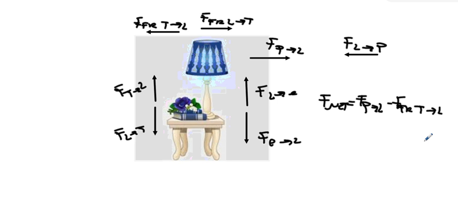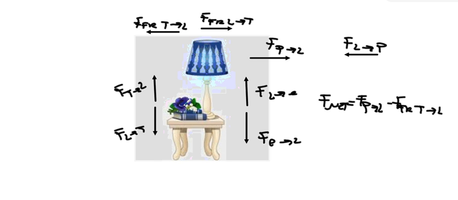And that's considering all of the third law pairs. Now again, the force of the person to the lamp, if it's greater than the force of friction from the table to the lamp, then we know that this will accelerate to the right. Now that's when we look at all third law pairs.